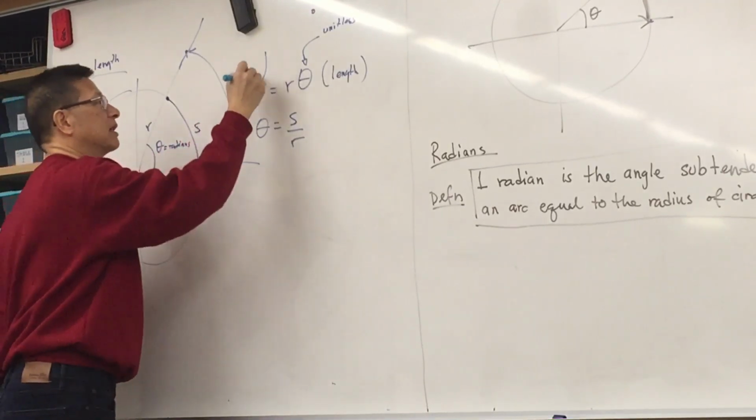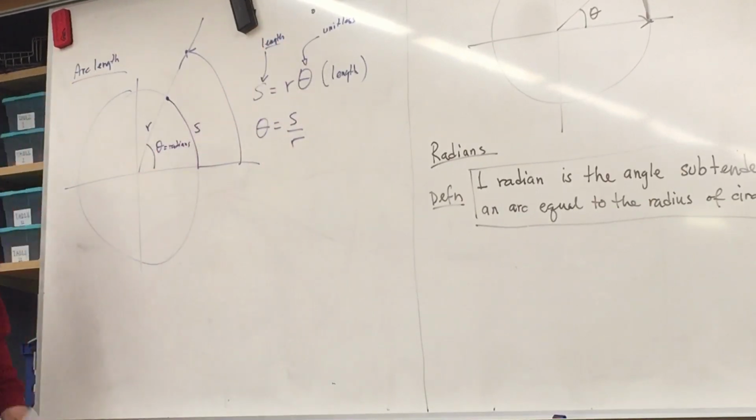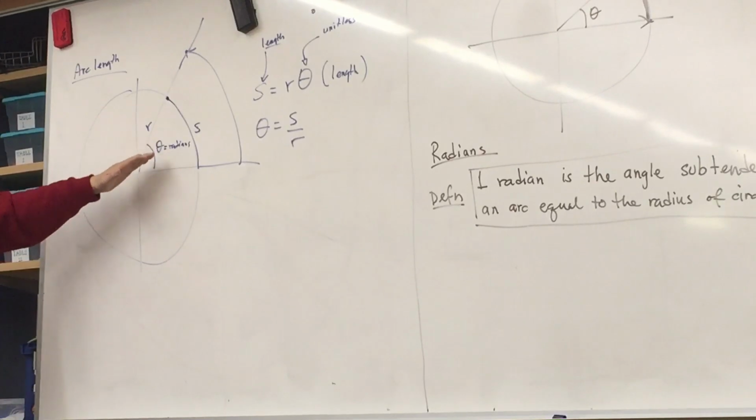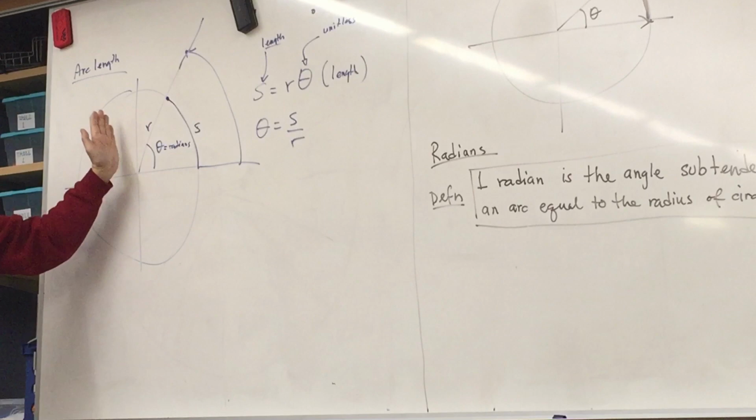And so this arc length here becomes a length. Pi radians is 180 degrees. Okay, so if you have 1 radian, so let's suppose this angle was 1.5 radians.